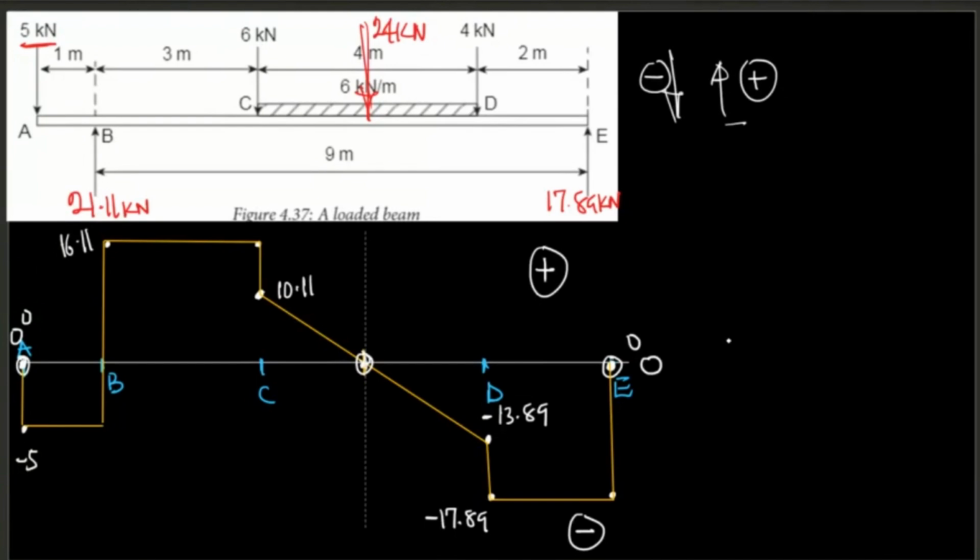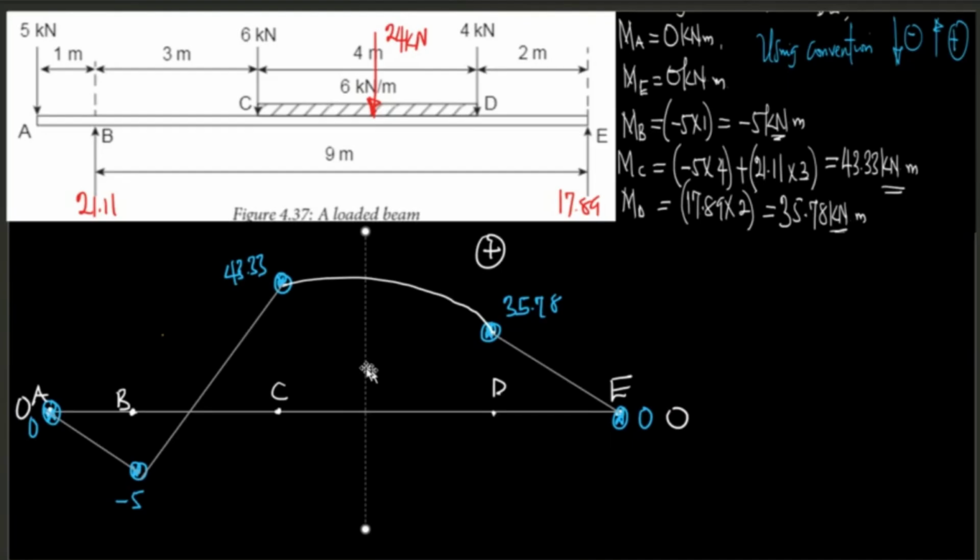Now, if you trace this point down here, the reason why you have to draw your bending moment diagram just beneath your shear force diagram is because of questions like this. So you just trace that point down.